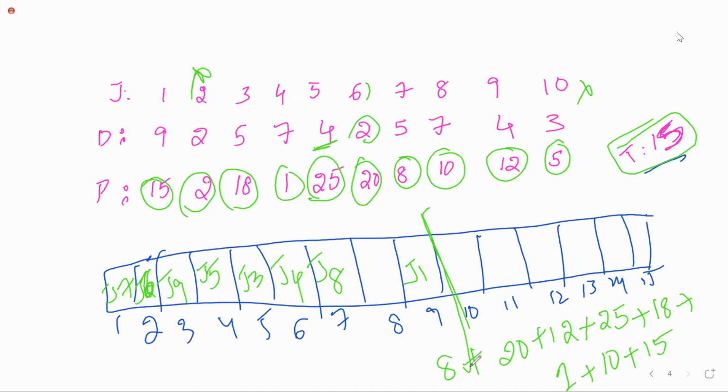Now we'll add these: 20 plus 18, 38, 38 plus 12, 50, and so on up to 109. Have you got the same profit, 109? Have you got the same answer through the manual method and through the program?